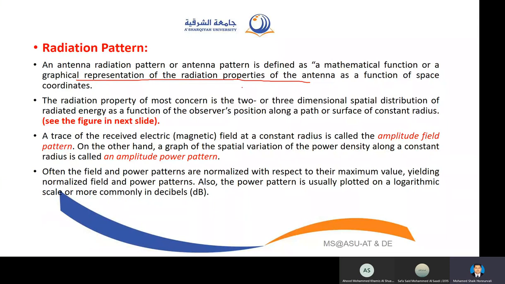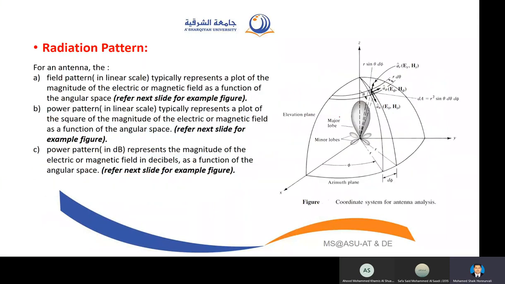It's not necessary that the figure should always be graphical. We can represent this in mathematical form as well. So such a mathematical function can also be called a radiation pattern. Again, we have discussed that the radiation pattern can be plotted in three ways. First one is the field pattern.